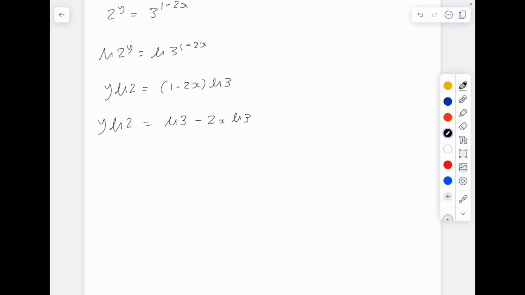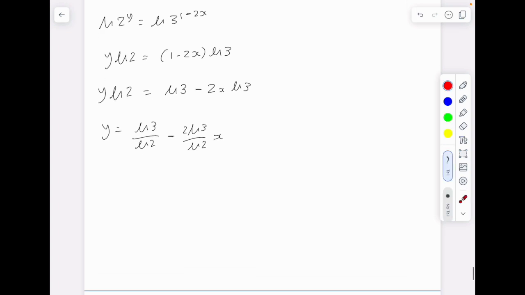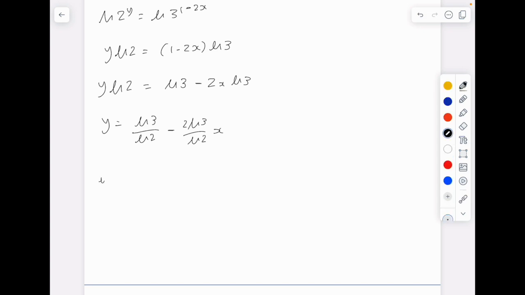Now, from here, I can say y is equal to ln 3 over ln 2 minus ln 3 over ln 2 times 2x. So if we rearrange this now, guys, what we get is minus 2 ln 3 over ln 2 x plus ln 3 over ln 2. Cool.